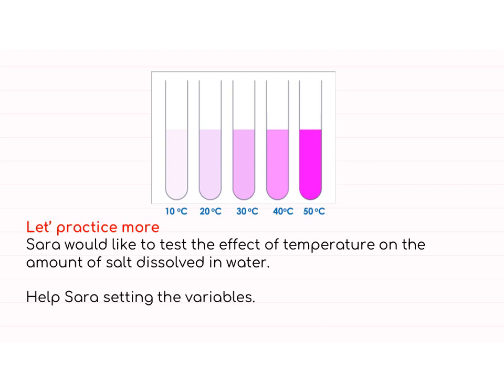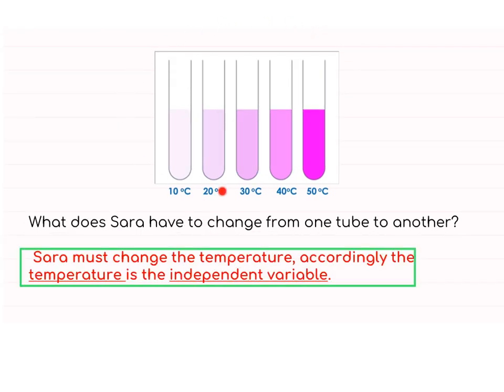So guys, let's practice more. In this example, Sarah would like to test the effect of temperature on the amount of salt dissolved in water. We will help Sarah to set the variables. If we look at the photo shown on the slide, it shows us the different test tubes that are used for this experiment. What does Sarah have to change from one tube to another?